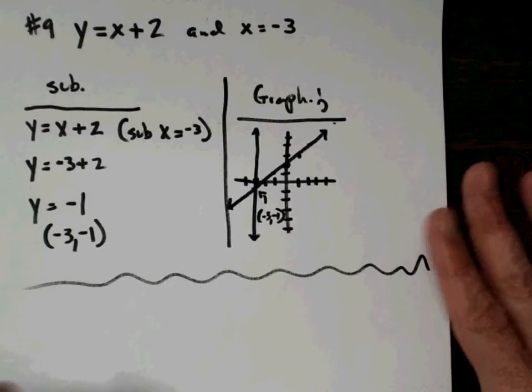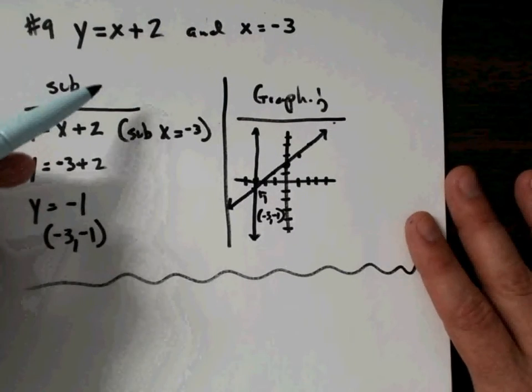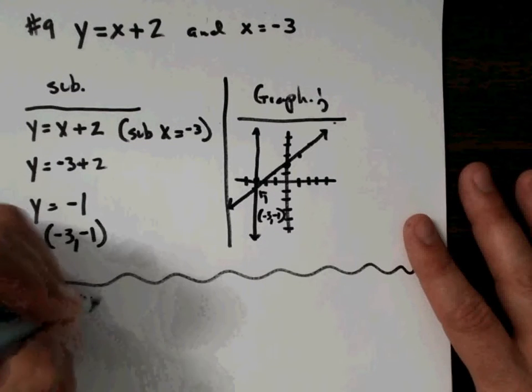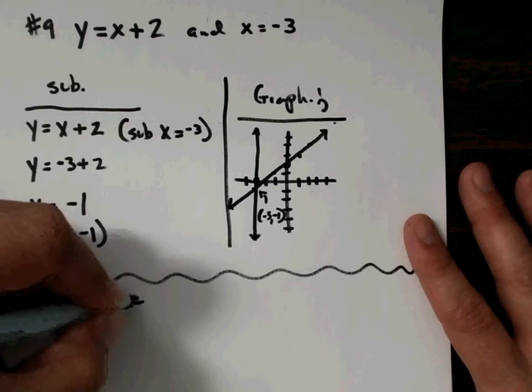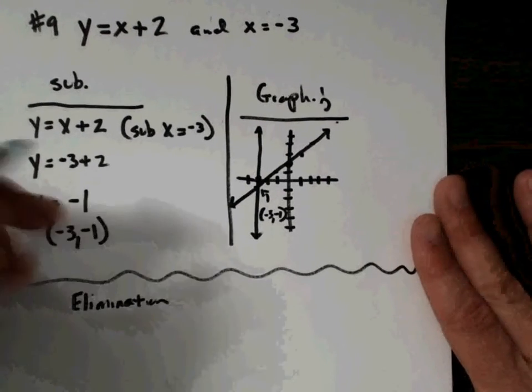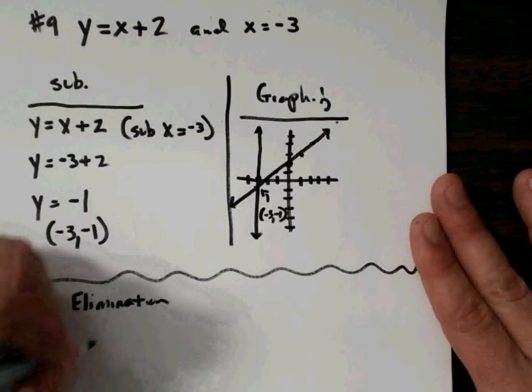All right, elimination. For elimination, the first characteristic is standard form. One of my equations is in standard form, but I have to move this one to get it in standard form.